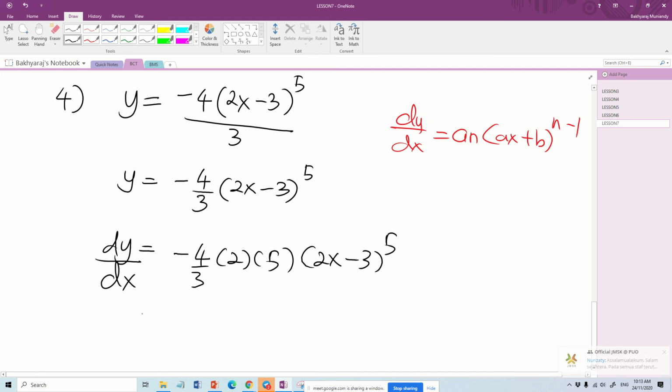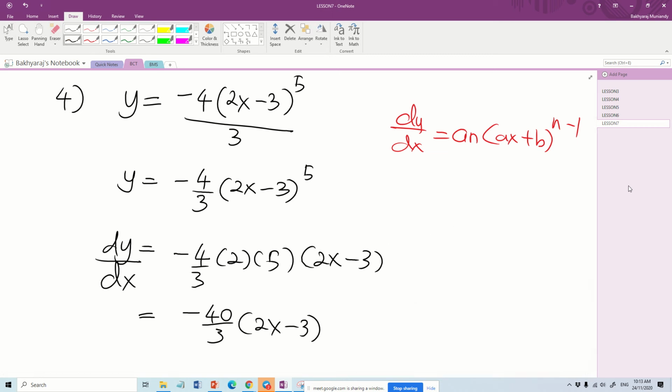Okay, which will give me last answer negative 40 over 3 then 2x minus 3 power of 5. 5 ni kena tolak 1. Okay, 5 minus 1 you get 4. 4 here, 4 here. So that will be our last answer.